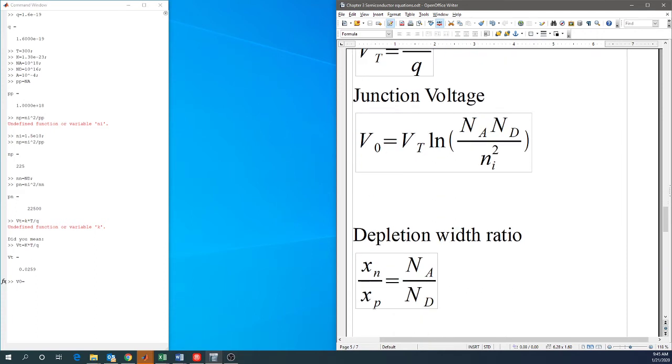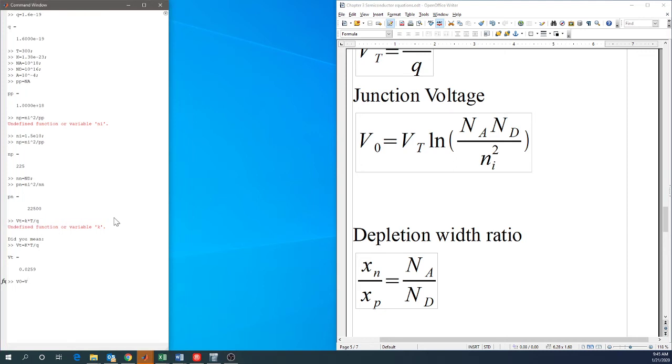VT times the natural log, in MATLAB log is the natural log, of NA times ND divided by NI to the second. 0.813 volts. Okay, that's what the junction is. Does that seem reasonable? Yeah, that seems reasonable.